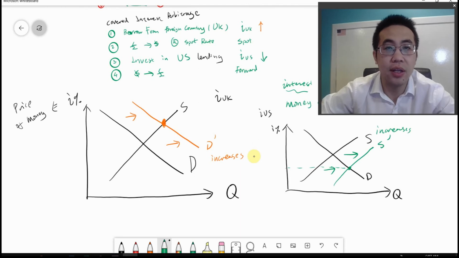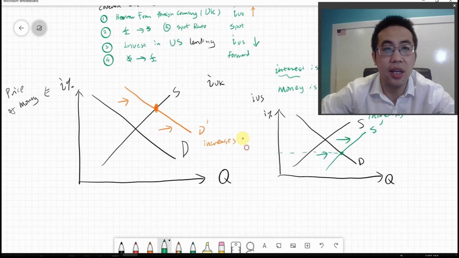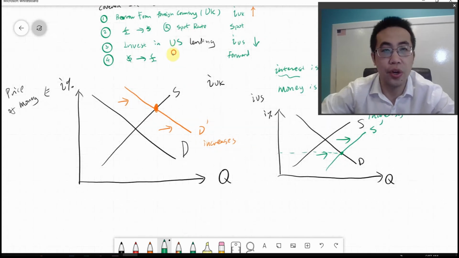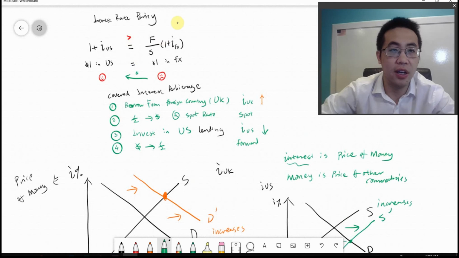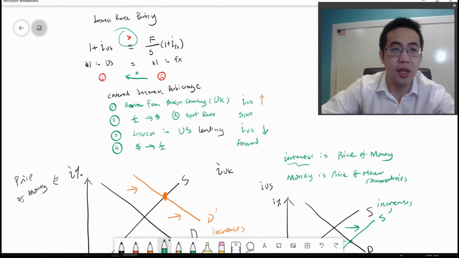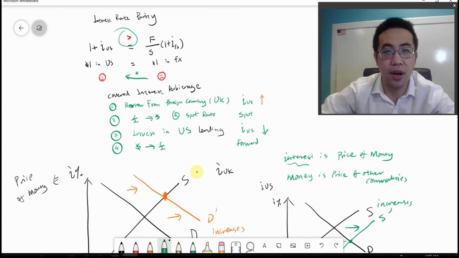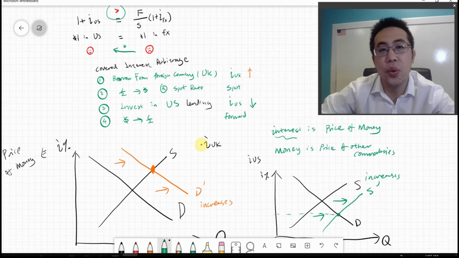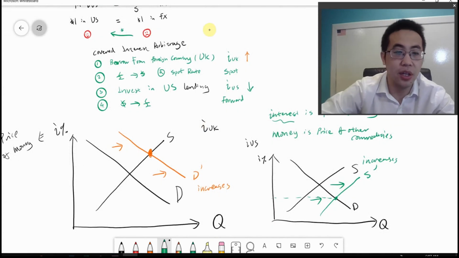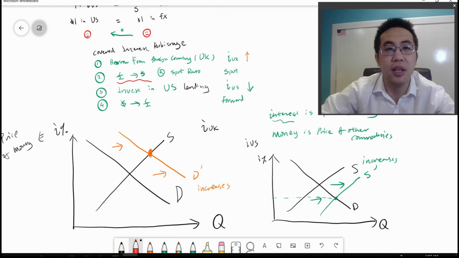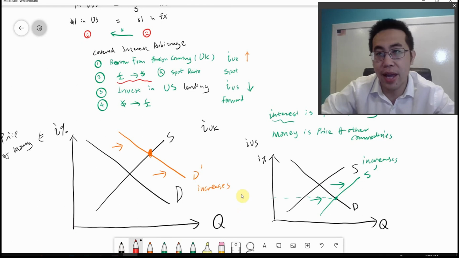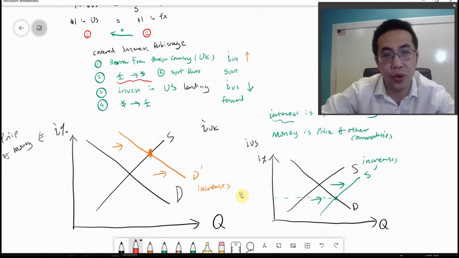Okay, and then let's talk about the spot market. If the arbitrageurs or the traders take advantage of this disequilibrium opportunity and try to profit from the situation, then they would keep converting pounds into US dollars in the spot market. If that happens, is that a demand or supply of a British pound?